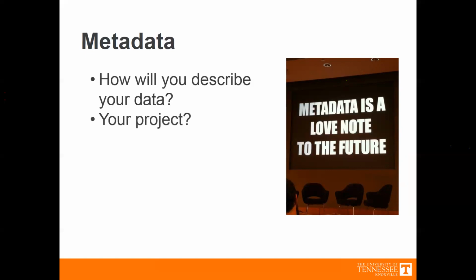And you also want to think about how you will describe the project, so not specifically just the data themselves, but your overall project. So it can be as broad as describing the purpose of the project, and it gets even more specific to things like when the data were collected, like what time period, where the data were collected, and that can be as specific as bounding geographic coordinates.